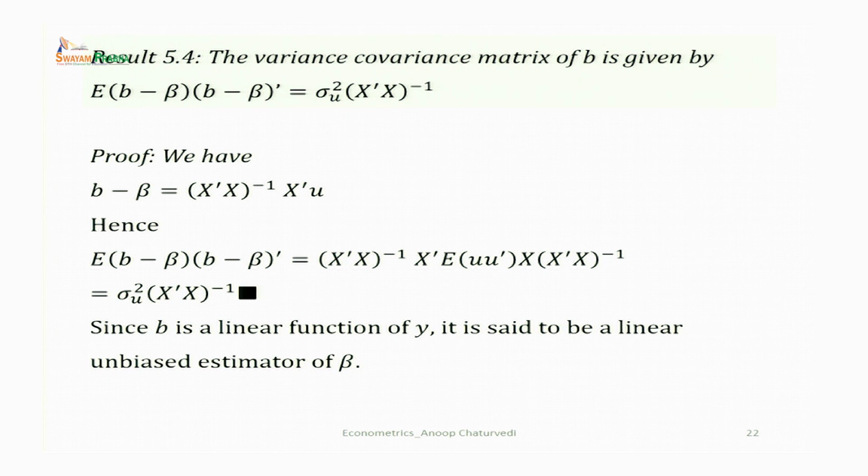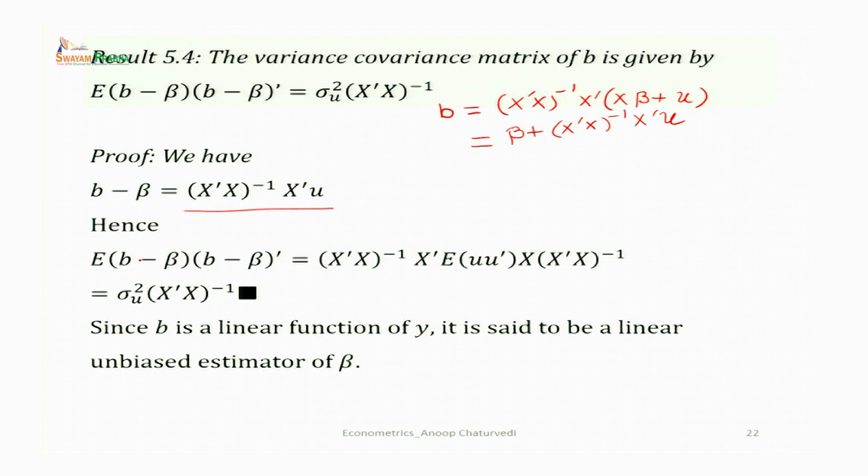To derive this expression, we write B equal to (X transpose X) inverse X transpose Y, and then we replace this Y by X beta plus U. So, the first term becomes beta plus (X transpose X) inverse X transpose U. So, from here we obtain B minus beta equal to (X transpose X) inverse X transpose U.